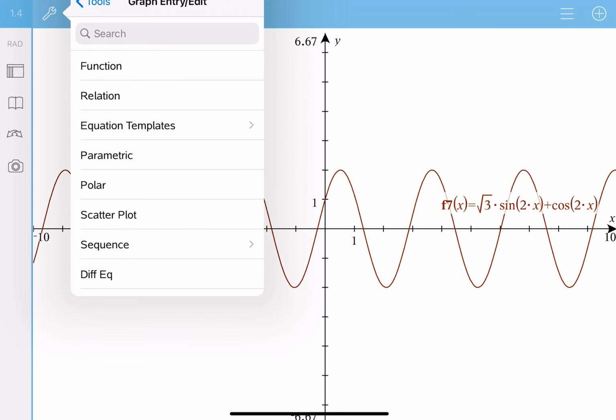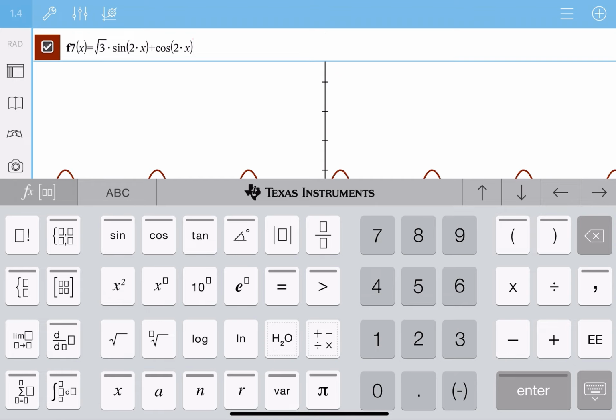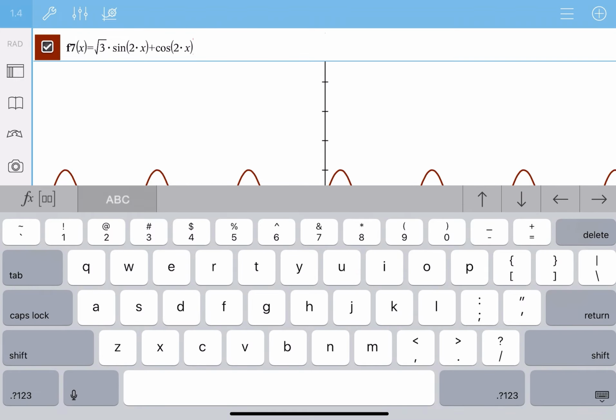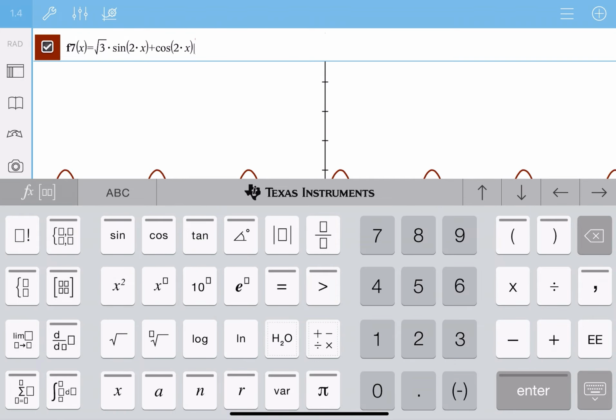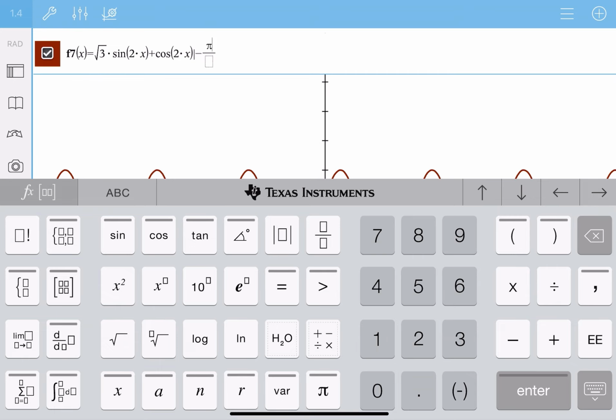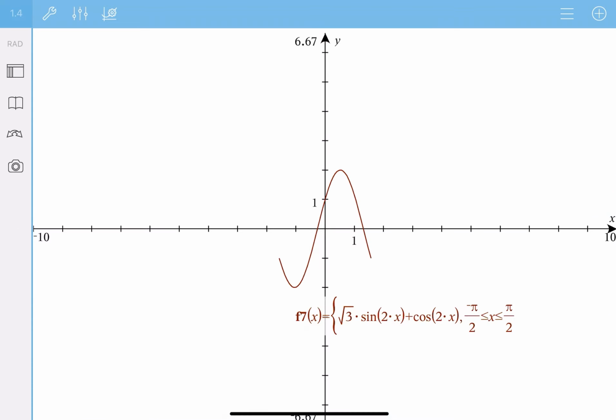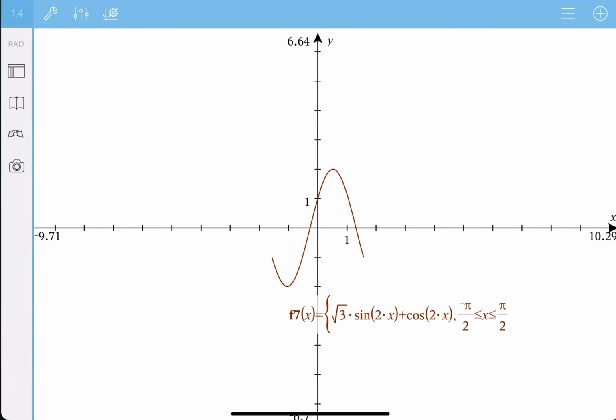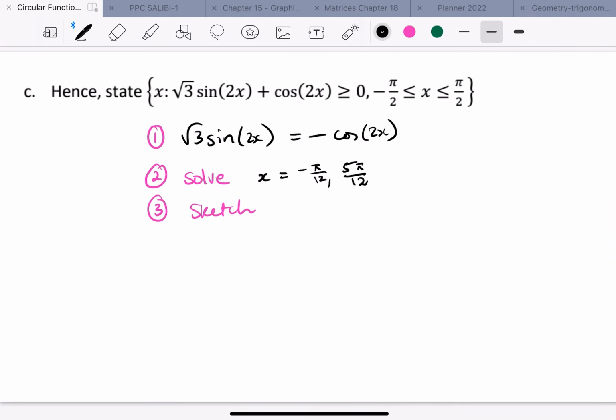Probably should have put in a domain. There we go. So that is the graph of those two added together. So we can go ahead and draw that in.